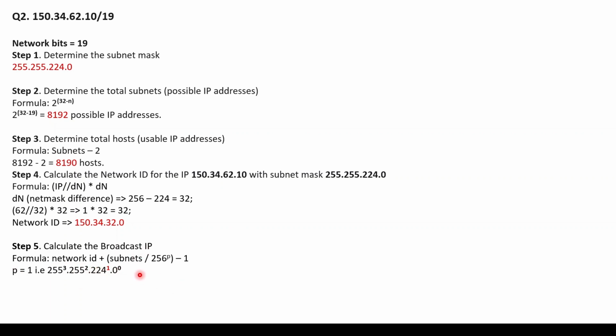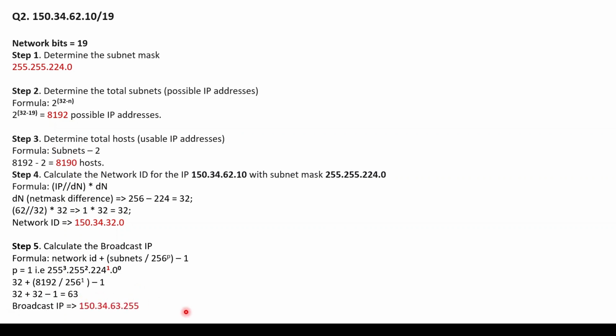So substituting everything into the formula, we have 32, which is the network ID value that we calculated. Then the subnets, which is the 8,192 that we calculated from step 2, divided by 256 raised to the power of p, where p is the index position of our octet of interest, then minus 1. What that gives us is 32 plus 32 minus 1, which gives us 63.